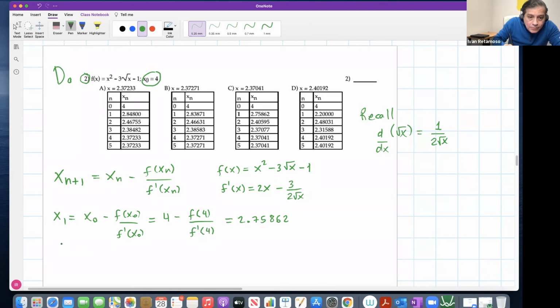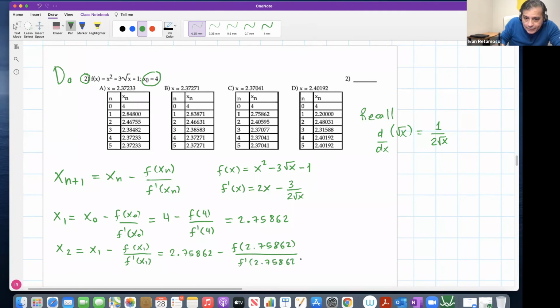Now X2 is going to be the previous X1 minus F evaluated at X1 over the derivative evaluated at X1, right? It's the same computation, but now with this as the input: 2.75862 minus the function evaluated at 2.75862 divided by the derivative evaluated at 2.75862.